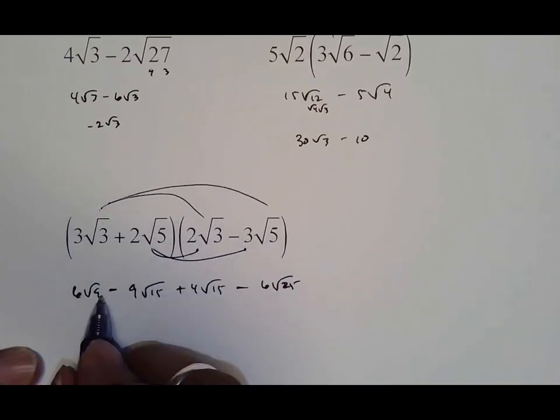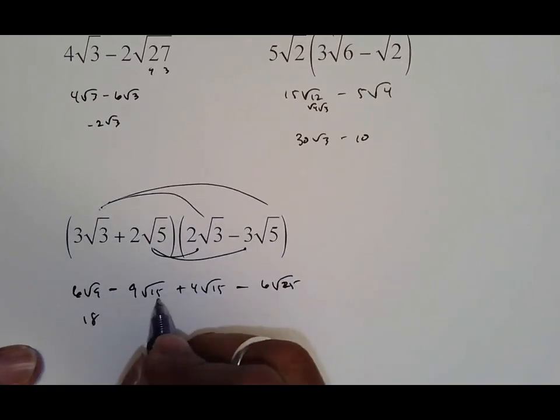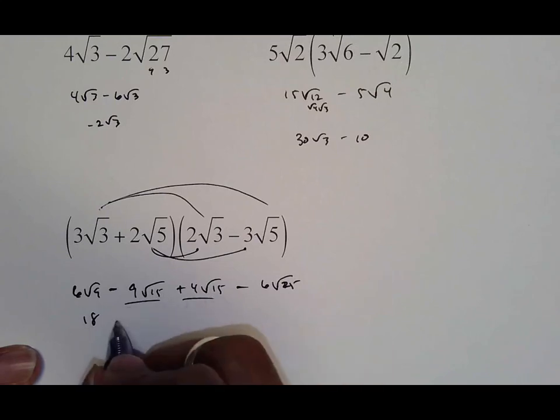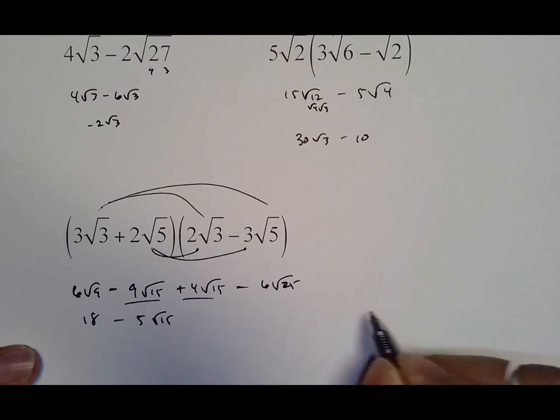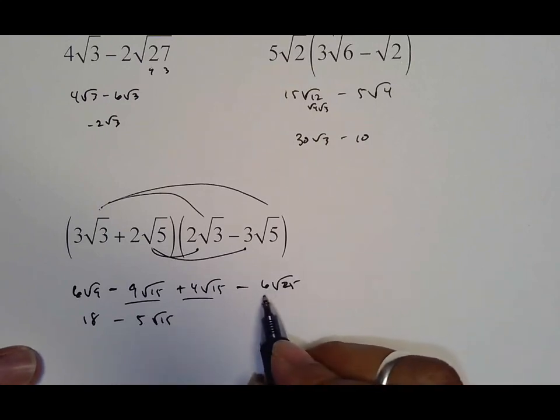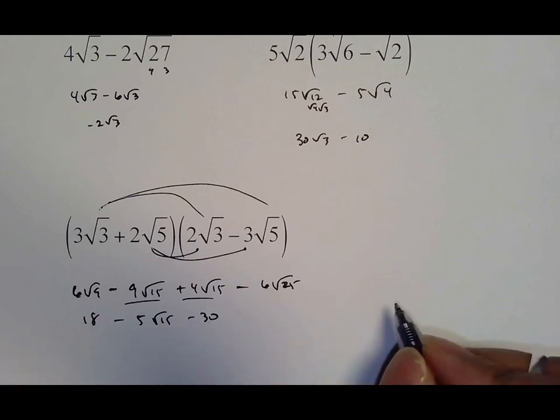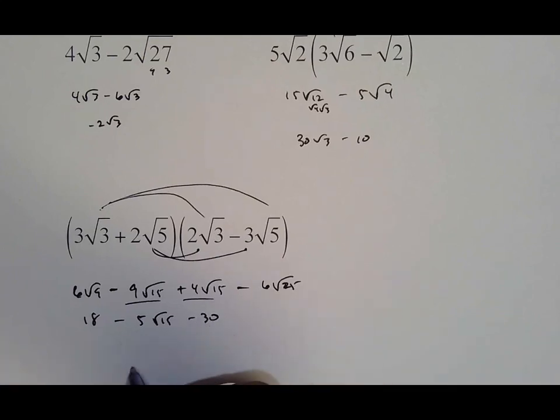That's a 3, which means that 6 root 9 is 18. These don't simplify. 4, 9, 25 does not go, so I'm just going to put those together to make minus 5 root 15. And then I'm going to say this root 25 is 5 times 6, which makes 30. Those two put together makes negative 12 minus 5 root 15.